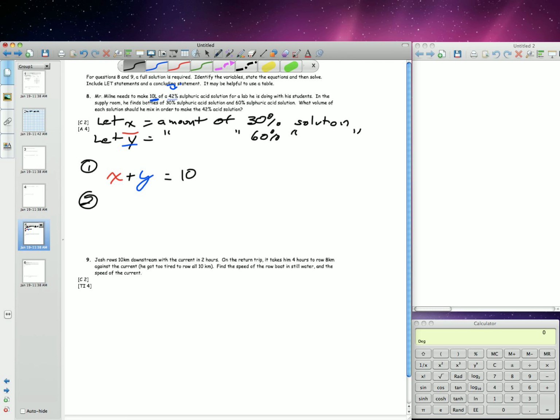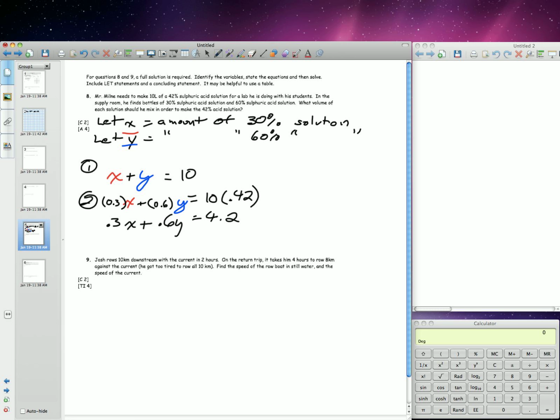So my two equations are x plus y equals 10, and 0.3x plus 0.6y is equal to 4.2. So these are our two equations. I'm going to make some room on the next page, and we're going to take this up.